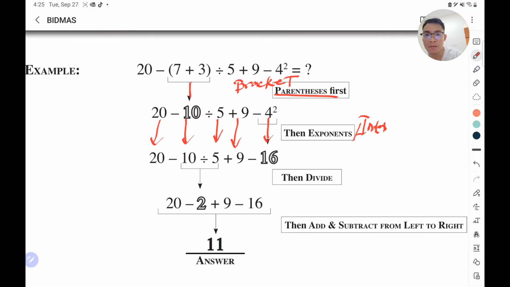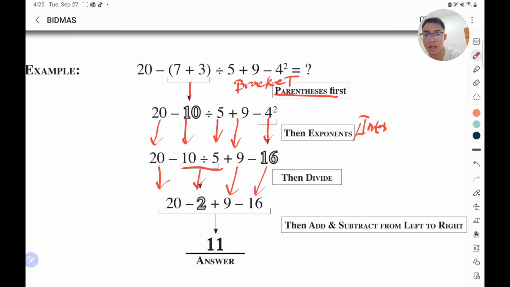After doing that, we need to find the division or multiplication, whatever comes first from left to right. But there's no multiplication here, so we're going to do the division instead, which is 10 divided by 5, equal to 2. After doing that, we bring everything down as well.